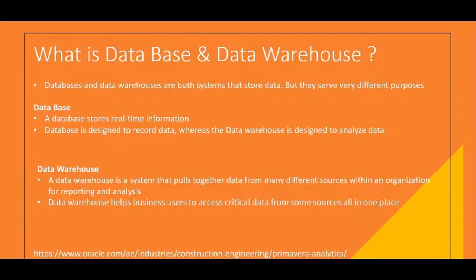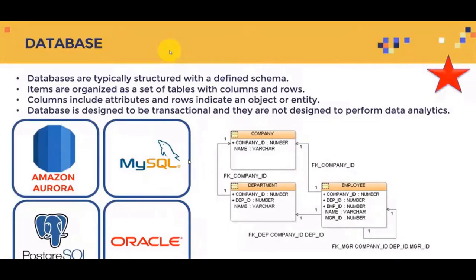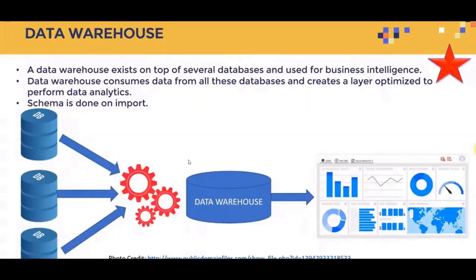Which the user is required to analyze. Databases are typically structured with a defined schema. They have their own schema. They are arranged in specific order. A data warehouse exists on top of several databases and is used for business intelligence. Here we need to understand that this is database. Once we generate the project, it goes into database. And in this process, the red gears are ETL: extract, transform and load.